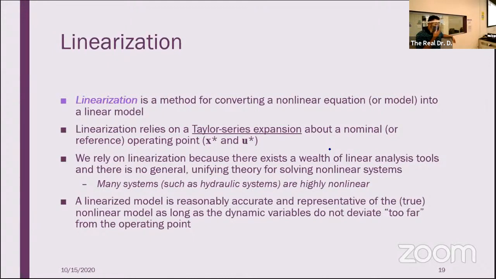So being able to linearize about an operating point is pretty important. A linearized model is reasonably accurate and representative of the true nonlinear model as long as the dynamic variables don't stray too much from the operating point. This is the whole idea of having small perturbations. Your model is good over a short distance.